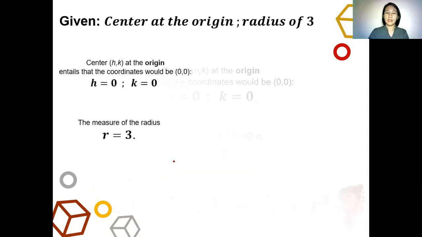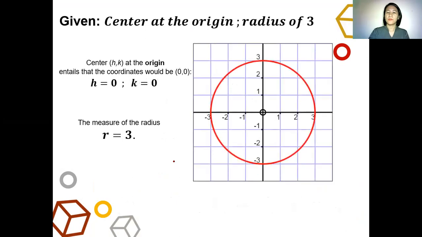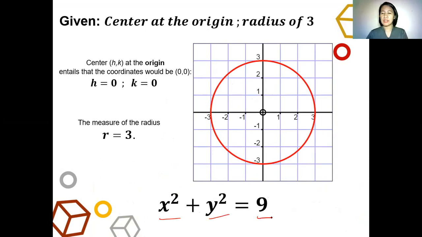So continuing, since we know that x squared plus y squared equals 9 is our standard form of the equation, going to its graph, the origin is the center of the circle itself. Now, how are you going to graph the circle if the radius is 3?